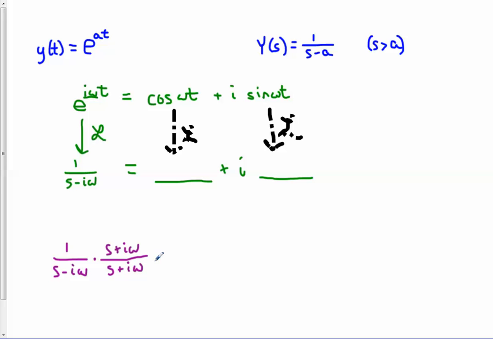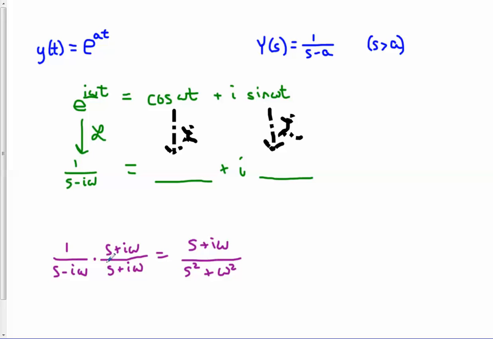So s plus I omega. So in the top, we get s plus I omega. And in the bottom, the whole point when you multiply a number times its complex conjugate is that the imaginary parts go away, the I parts cancel. You see that when you FOIL. You will be left with real parts, though. You'll be left with an s squared plus omega squared. And you can think that through for yourself and see that when you FOIL, that's what you get.